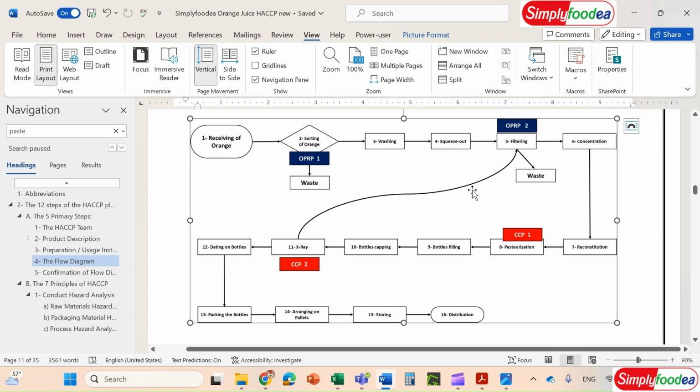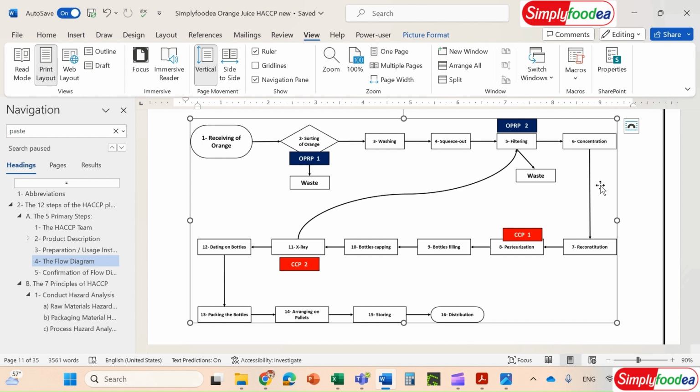So all this flow diagram needs to be updated, and I will update it with you, because after finishing my HACCP plan, I will audit on it with the most famous standards. So one of the findings now, there is no mention here of what if the output of the pasteurization process is not accurate.